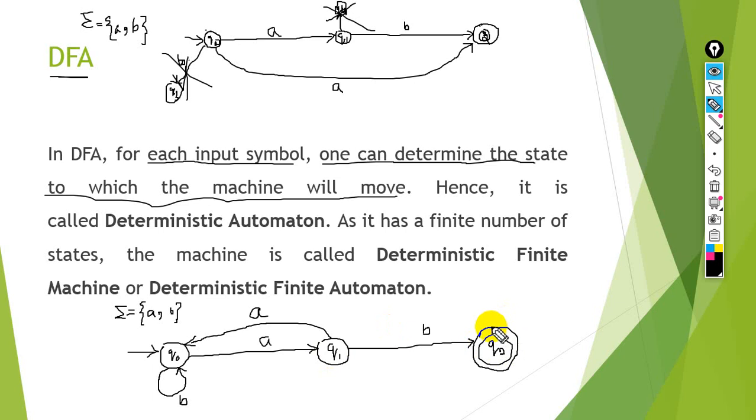For example, here is a state. So here we have transition A as a loop and it has a transition of B toward Q naught, sorry, toward Q1. But going to Q0 is not a problem. Right. So this is a DFA. We can say this is the DFA.